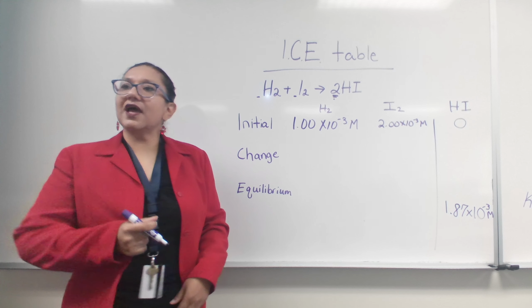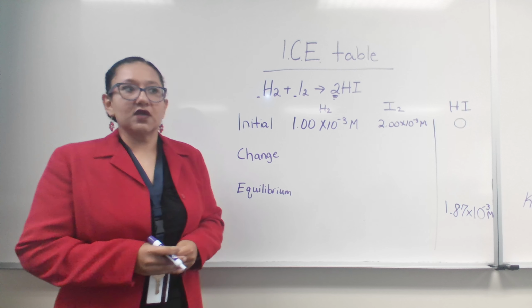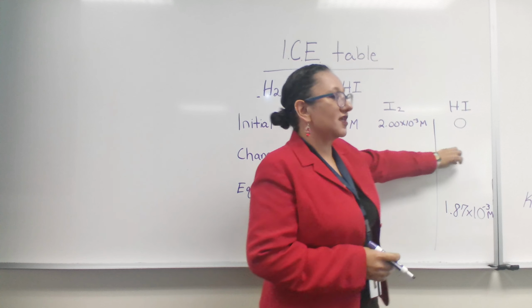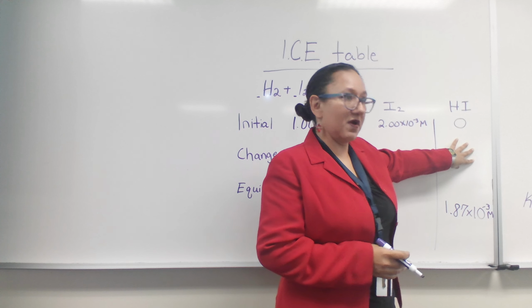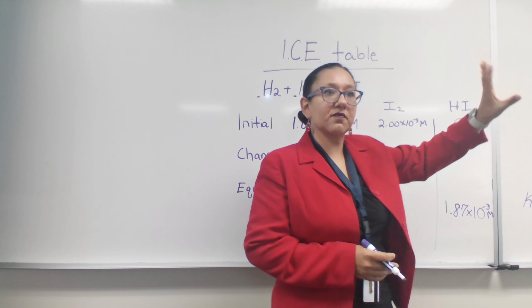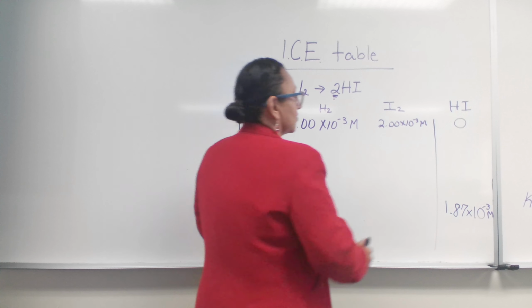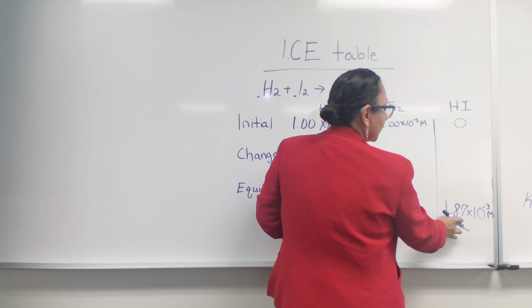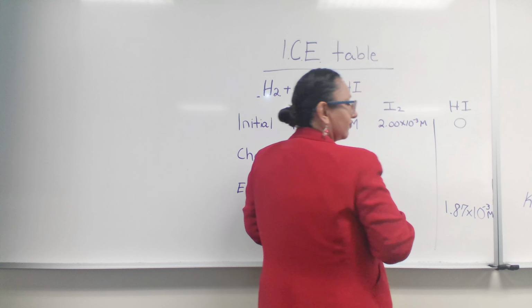The change that happened here: as these disappeared, these appeared. Remember, as your reactants disappear, your products appear. So I went from 0 to 1.87 times 10 to the negative third.